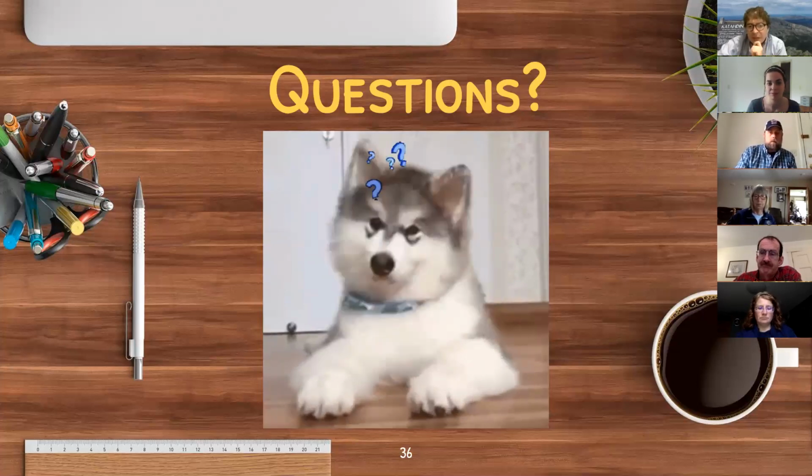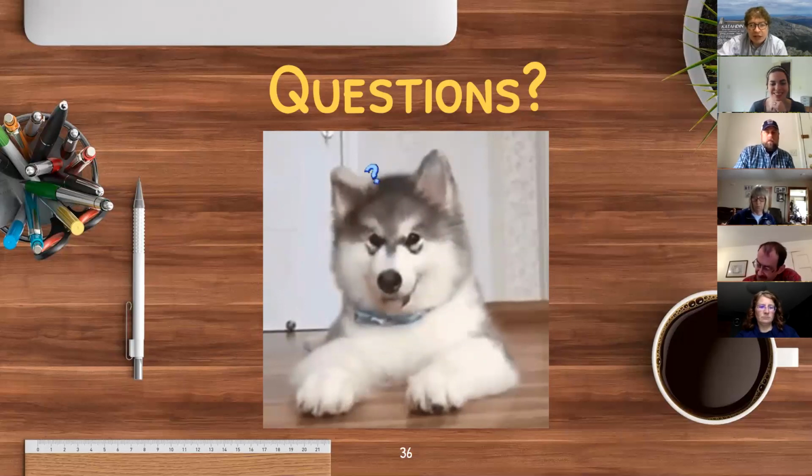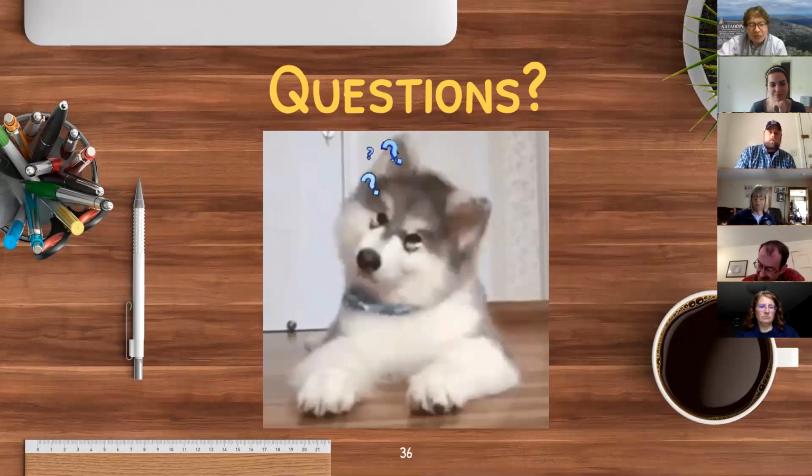We did have a comment in the chat about using TikToks to talk about inappropriate behavior, which I think is a nice model. Again, kids are going to be on different platforms, whether it's TikTok or Snapchat or something like that. And I think addressing those is really important, and they're going to be more engaged if you're able to pull those things in, as long as you can keep things appropriate and keep the conversation meaningful and focused.